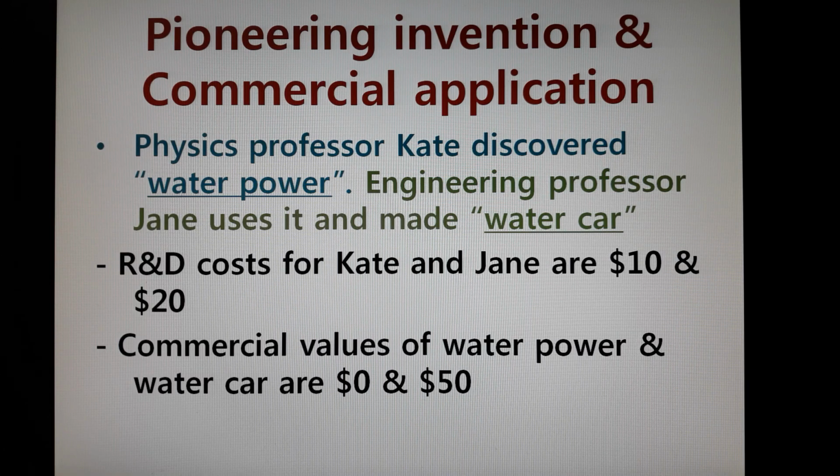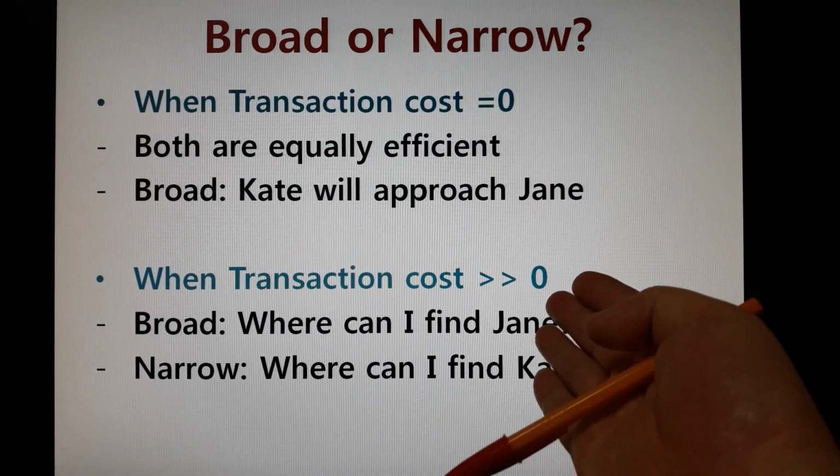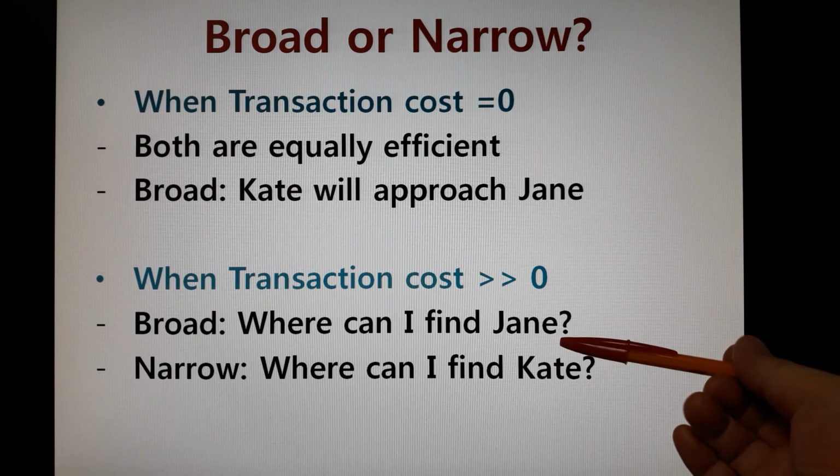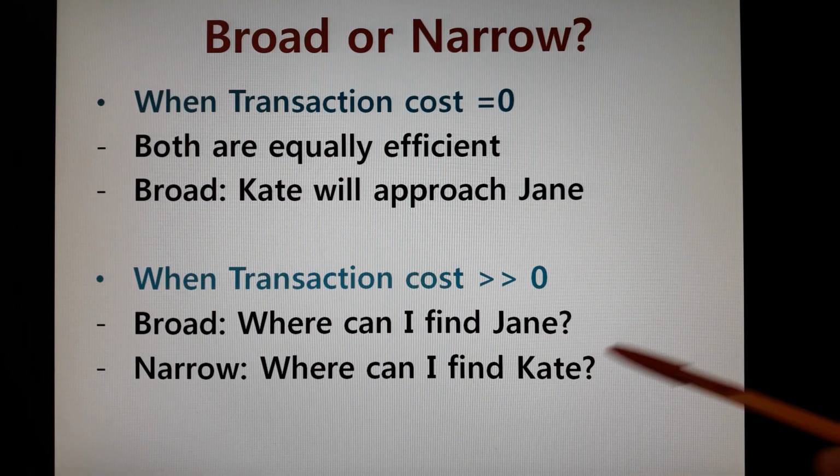The broad definition has an advantage because the first mover, the pioneering inventor Kate, would do it, believing that once she does that, whoever does the commercial application next should come to her.